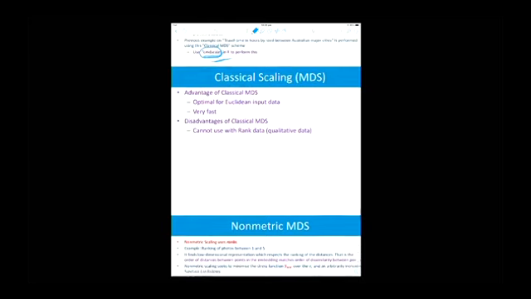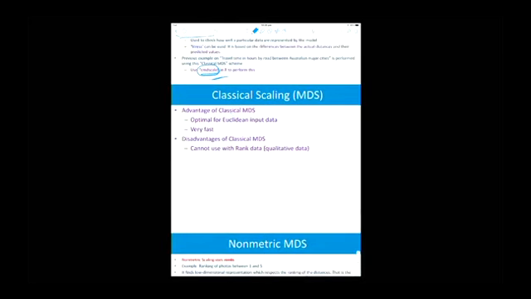There are a few advantages of this classical MDS. One of the advantages is that it's optimal for Euclidean input data. As I said, when it comes to the Euclidean distance, and when we are using the dot product, it becomes similar to PCA. So it is optimal because it is in the minimum least squares sense.